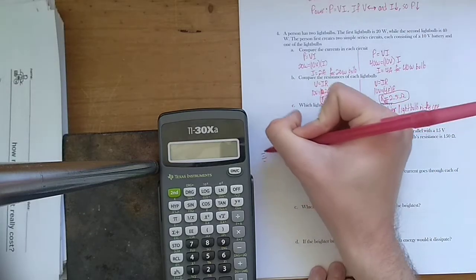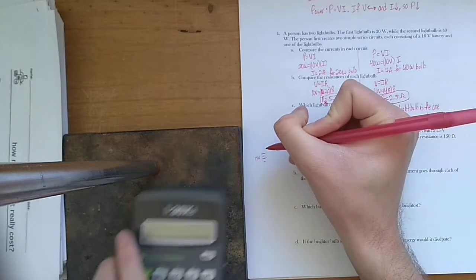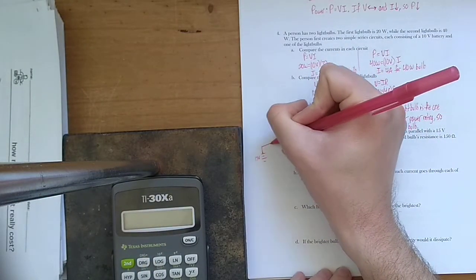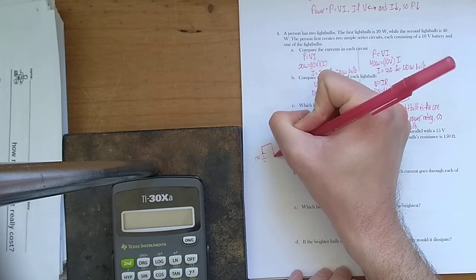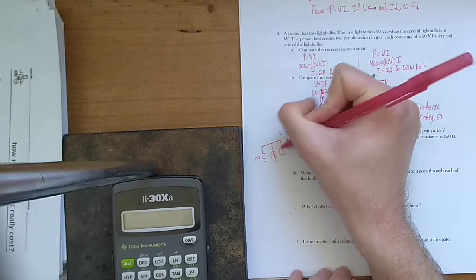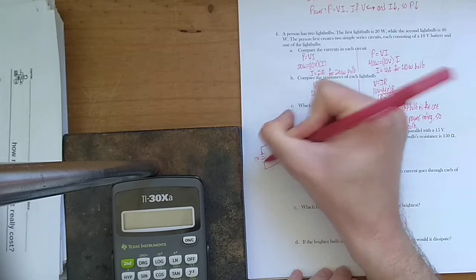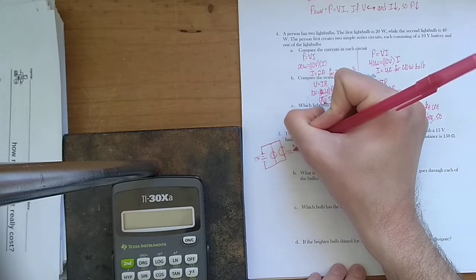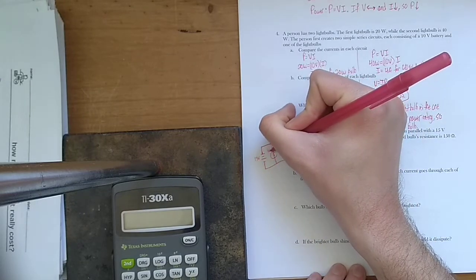So I've got a battery, and it's a 15-volt battery, and that 15-volt battery is connected in parallel to two light bulbs. There we go. Okay, this is 150 ohms, this is 60 ohms.